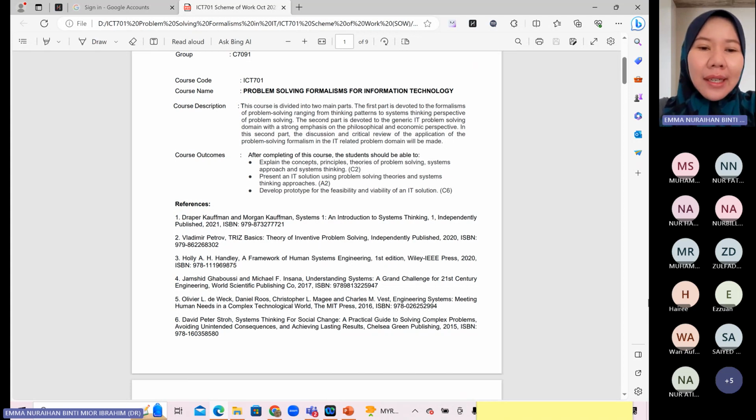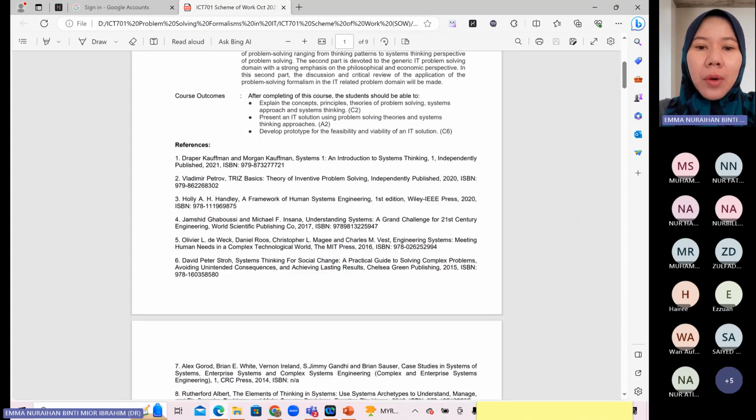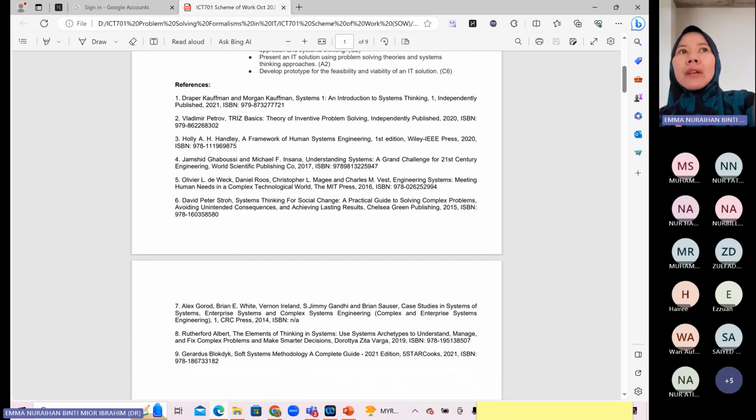References wise, for this subject, there is no specific textbook. If you ask me, is there any textbook? None. A lot of the topics and things that we discuss, you can easily get through journal papers from the digital library. There are so many different kinds of resources that you can refer to.